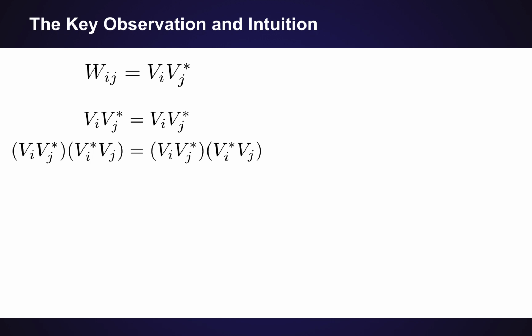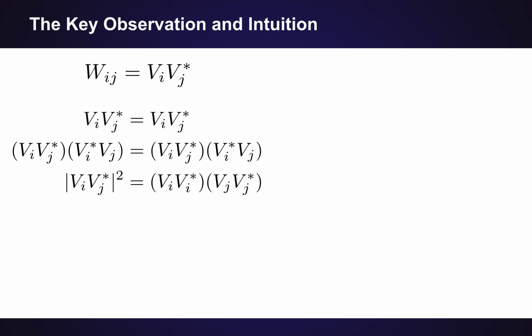Okay, but this is a very key observation: we can take this absolute square and then regroup those variables over here such that we obtain this equation. So we now have the absolute square of the product between the voltage variables on one side, and the absolute square of each of the voltage variables separately on the other side.